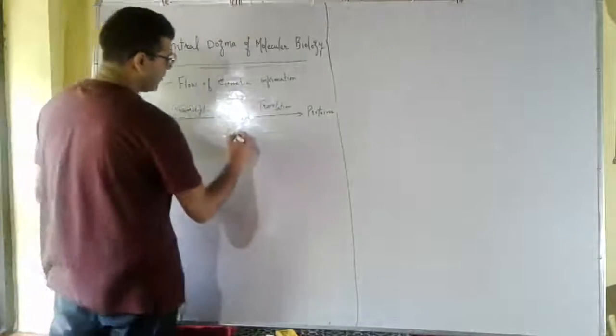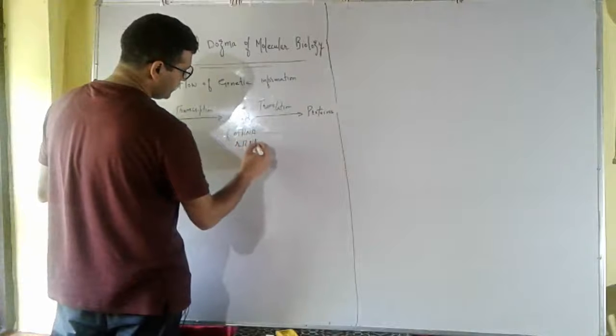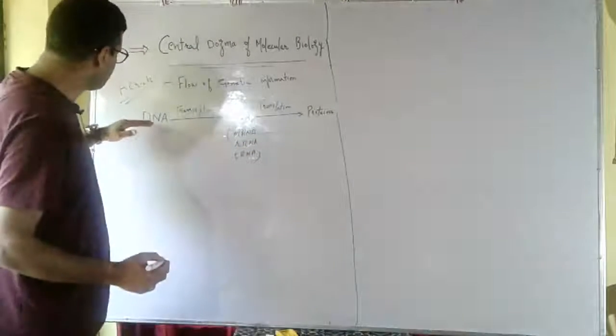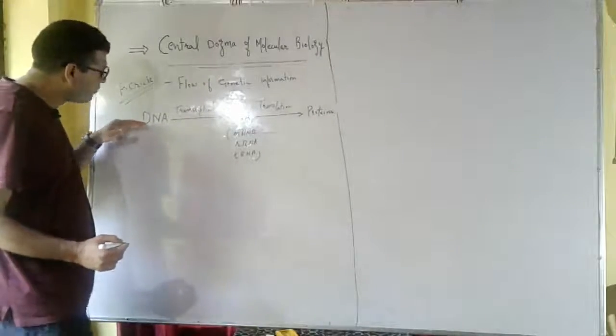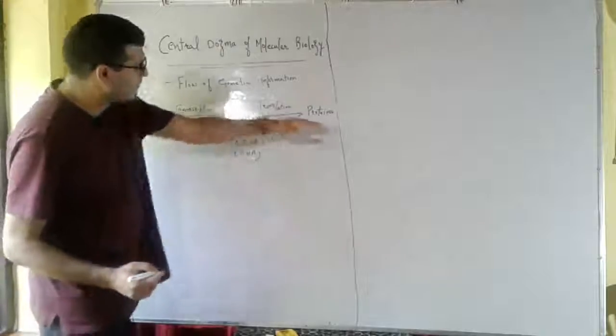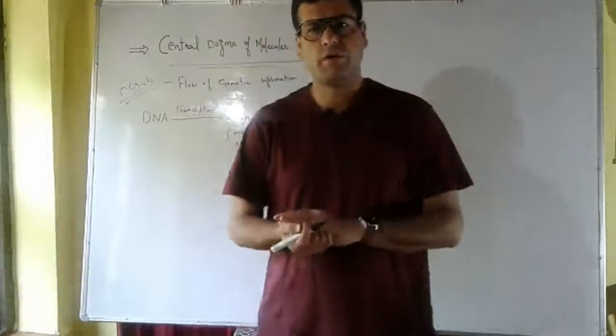RNA can be mRNA, rRNA, and tRNA. So the genetic information flows from DNA to RNA, and RNA to proteins. This flow of genetic information in a living organism is known as the central dogma of molecular biology.